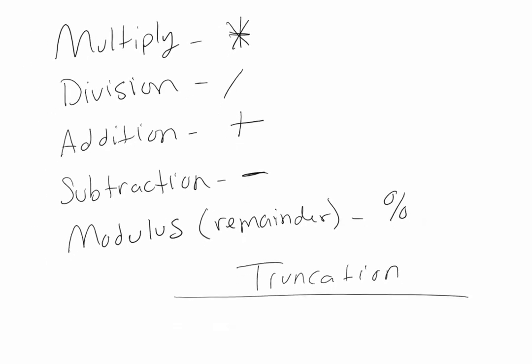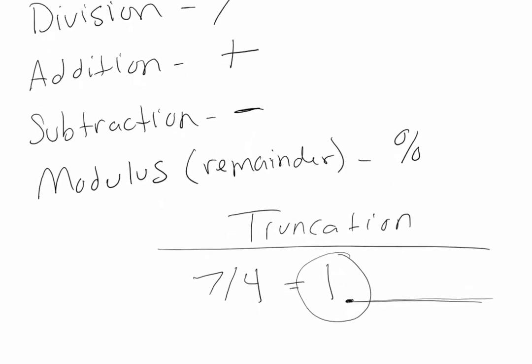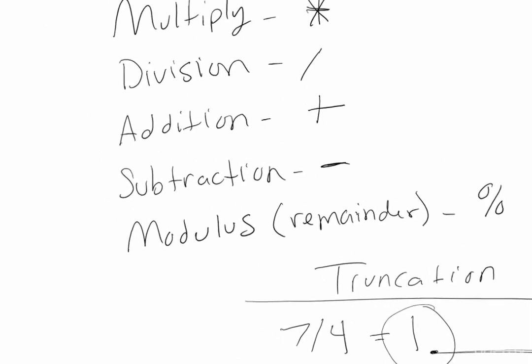For example, let's say we have 7 divided by 4. 7 divided by 4 is going to evaluate to 1 instead of having any leading decimals, because when we're working with integers, anything after the decimal place gets truncated off, does not get rounded. For example, if we had 17 divided by 5, we're only going to get 3. Any fractional part of integer division is truncated off and no rounding occurs.